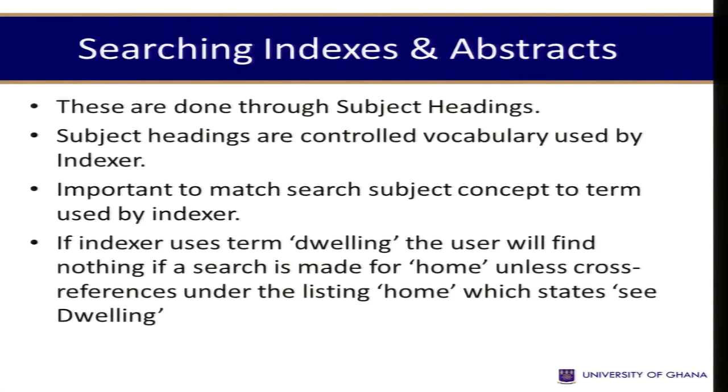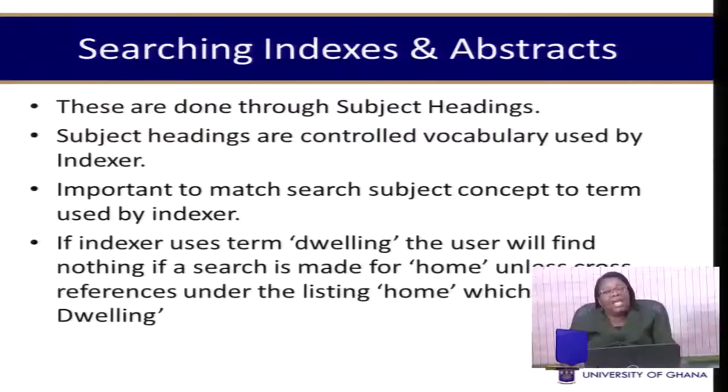Now, we have looked at indexes and abstracts. We need to look at how indexes and abstracts can be searched for the information to be obtained. And note, these indexes and abstracts are not only print materials, but they also happen to be in online materials. So in searching indexes and abstracts, one important thing you have to look out for is the subject heading.